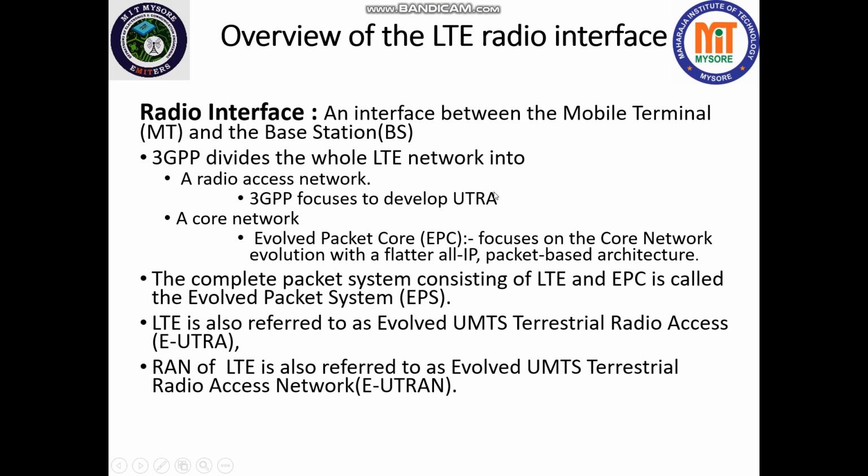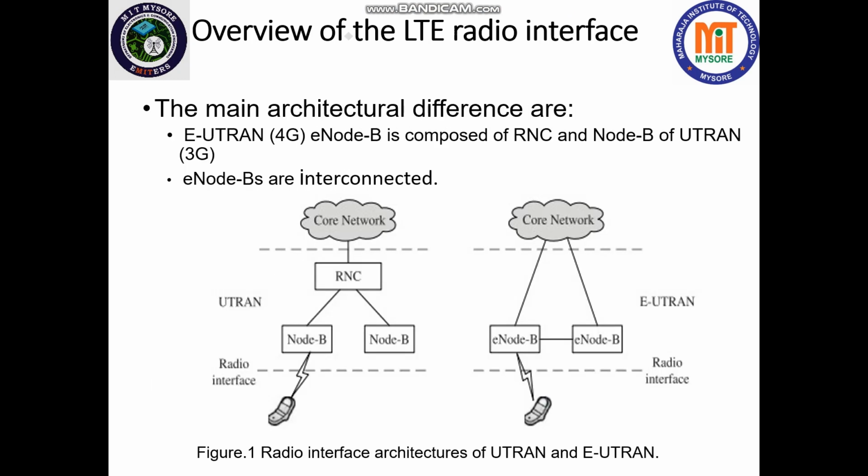Now let us move on to the overview of the LTE radio interface, where we'll discuss the difference between radio interface architecture of UTRAN and evolved UTRAN. UTRAN was used in 3G communication, and this is our 4G communication.